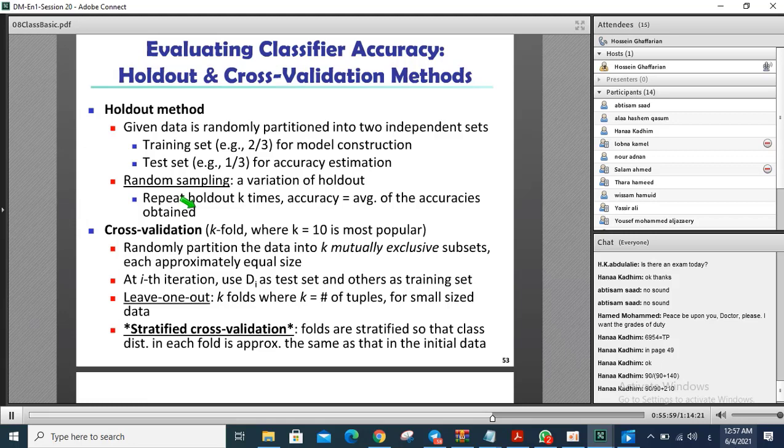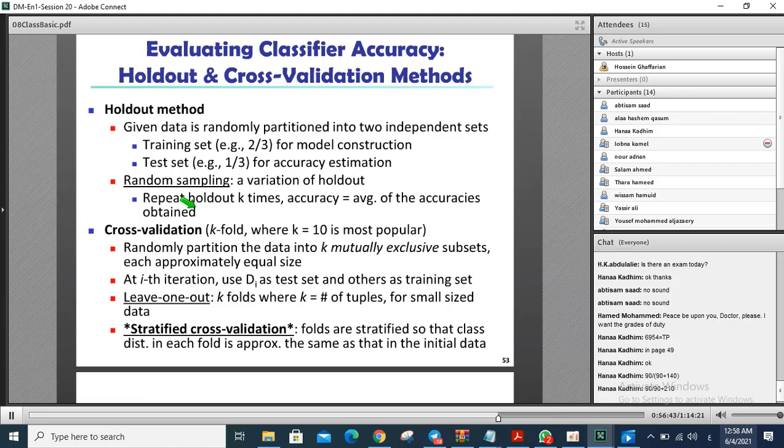For example, 60% or 65% of records can be in the training set, and the rest of the records can be in the test set. Mostly we use this percentage: 66% of records for the training set and 34% for the test set.